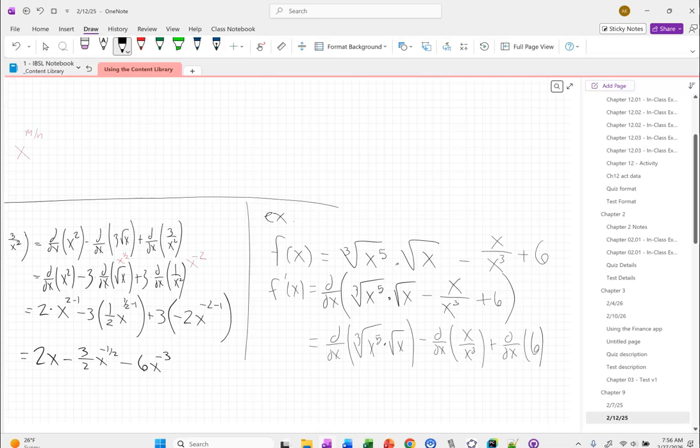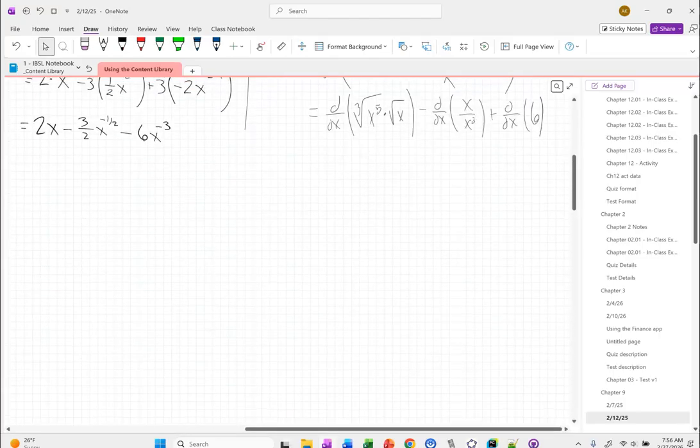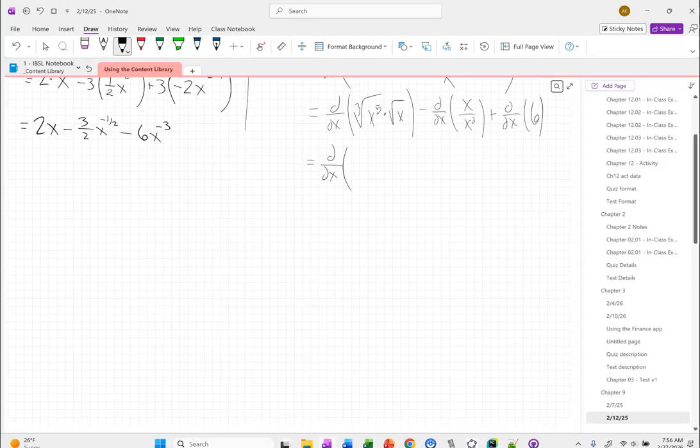So the cube root of x to the 5th, I can rewrite so that I have a rational exponent, right? The cube root of x to the 5th is the same thing as x to the what power? x to the 5/3.